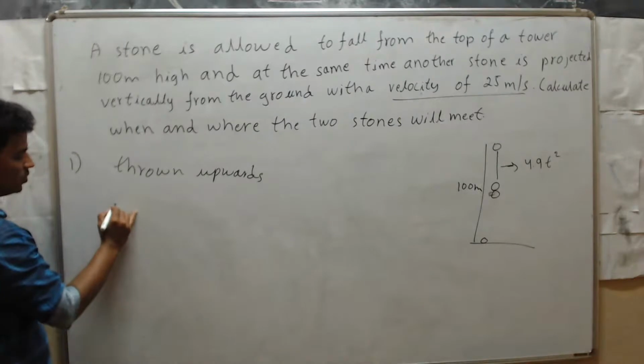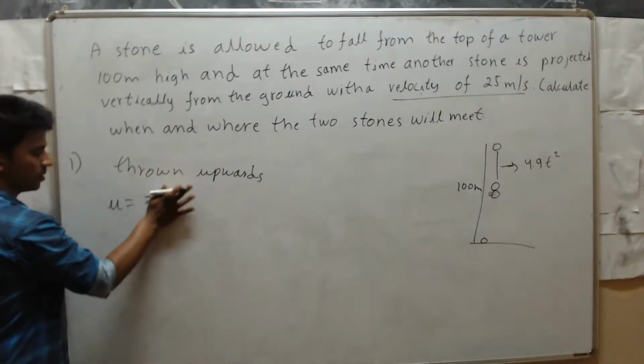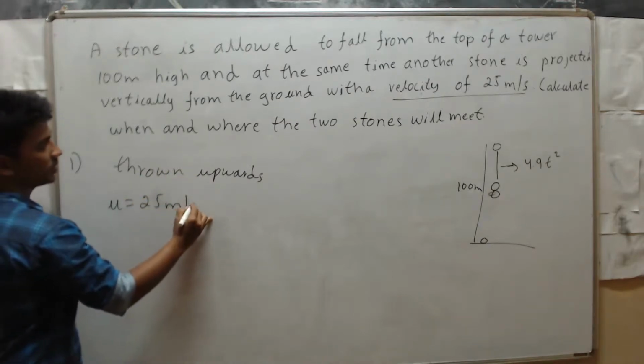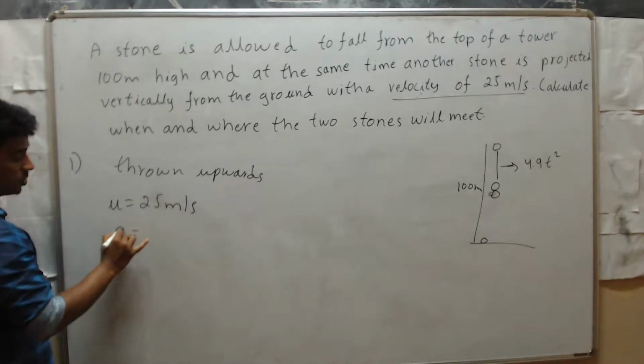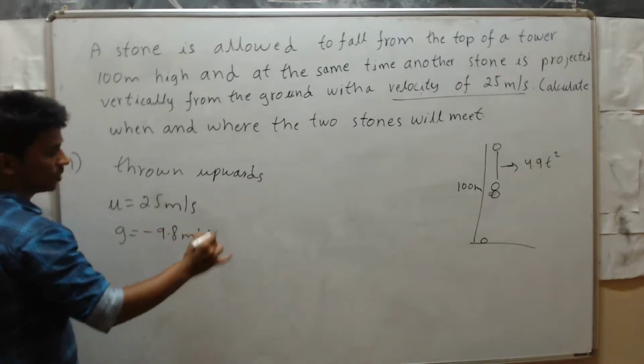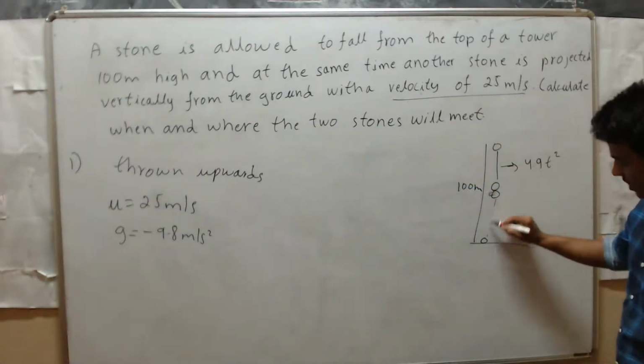So we can write u is equal to 25 meter per second, and g is equal to, now here, minus 9.8 meter per second square.